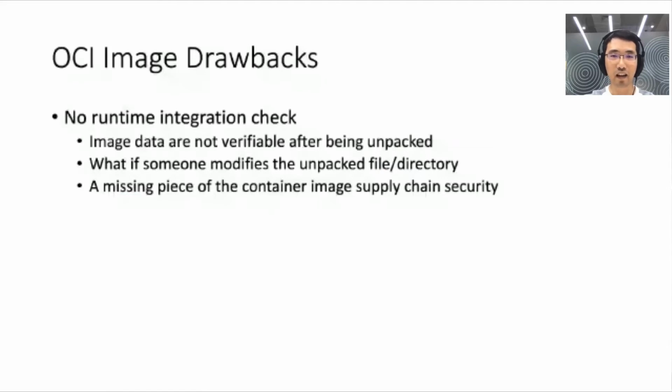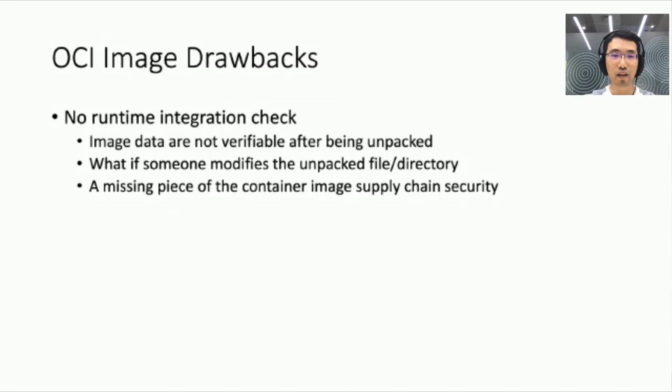As a consequence, what if someone modifies the unpacked file directory intentionally or unintentionally? We cannot know. We never know. And if we run the same container multiple times on the same host, we cannot really know we are running the same thing multiple times. So from our point of view, this is a big missing picture of the container image supply chain security, and we want to tackle it with Nydus.